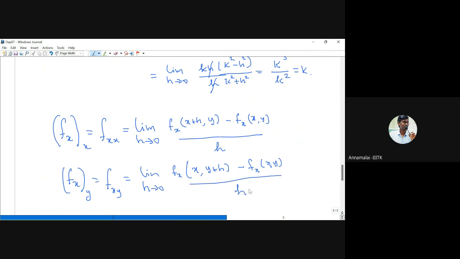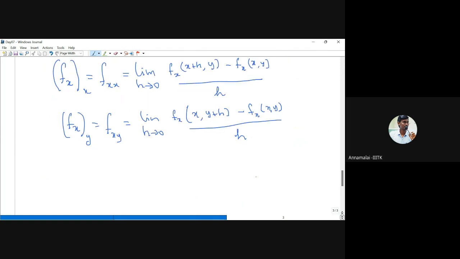So similarly, we find fyy. We know fy. Again, if you differentiate the function with respect to y, this is nothing but fyy. So again, this is the limit as h goes to 0 of fy, which is a function. Here y is varying, x is fixed, divided by h.